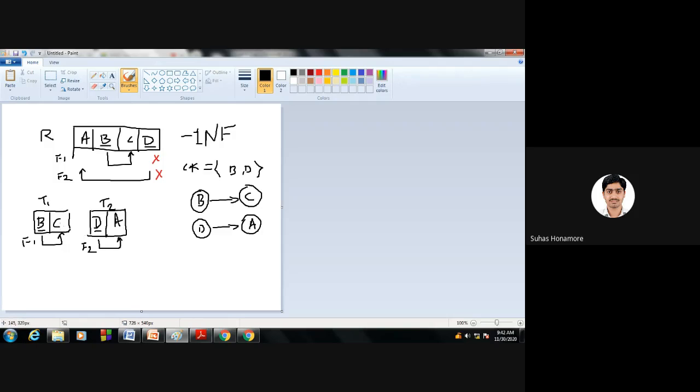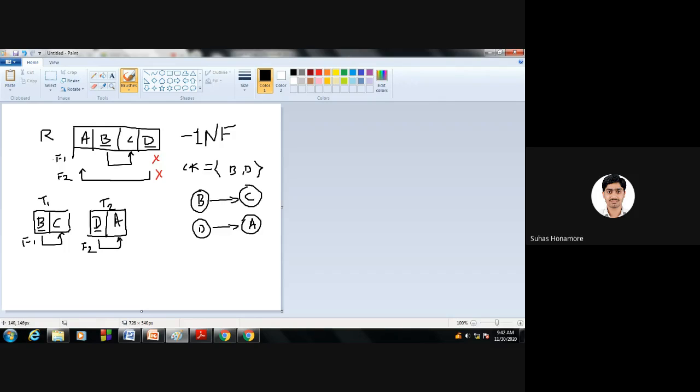While deriving this, from R I derived these two tables, T1 and T2. But if you saw, B and D together were the primary key, and these attributes are not there together in any of the tables.